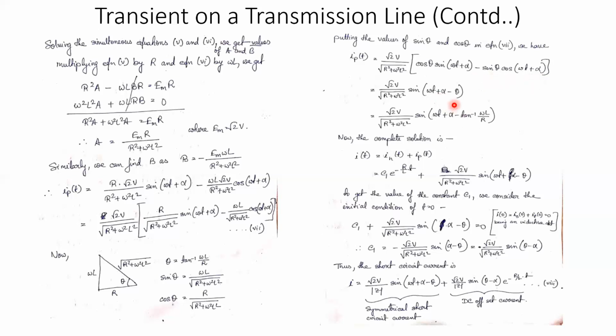We can consider that this is A and this is B. We get root 2 V by root over R square plus omega square L square sine of A minus B. And here theta we know is equal to tan inverse omega L by R. So sine of omega t plus alpha minus tan inverse omega L by R.